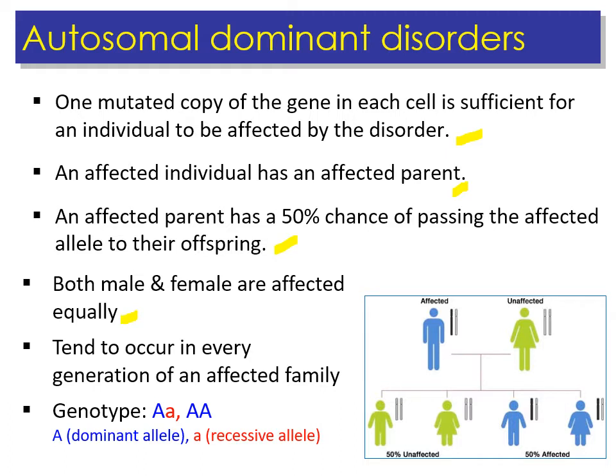Both male and female are equally affected. It tends to occur in every generation of an affected family. A dominant allele is denoted by a capital letter, whereas a recessive allele is denoted by a small letter.